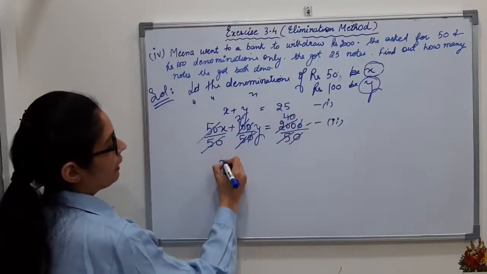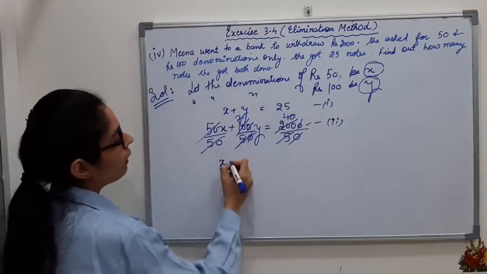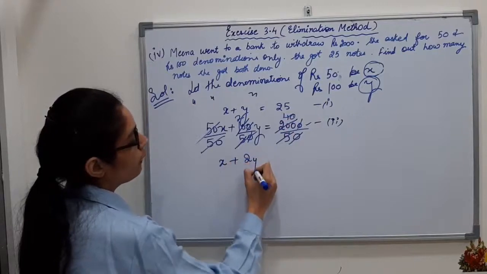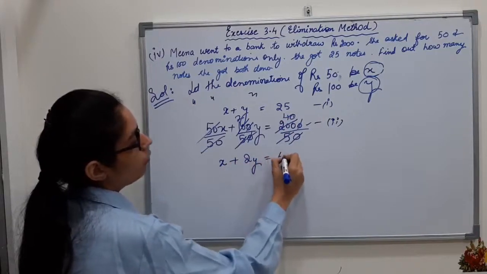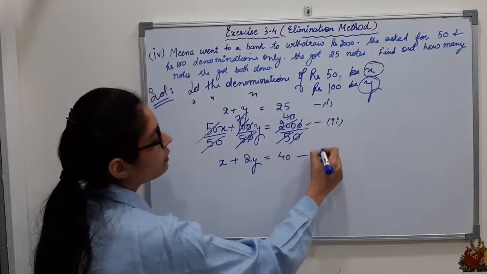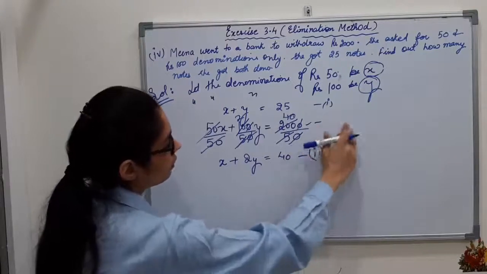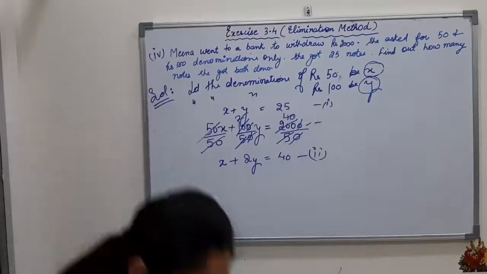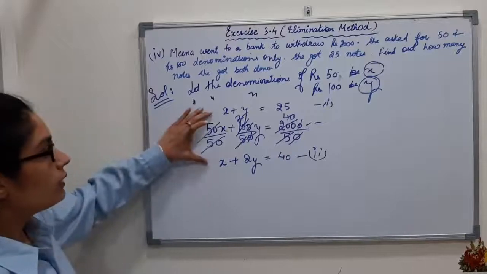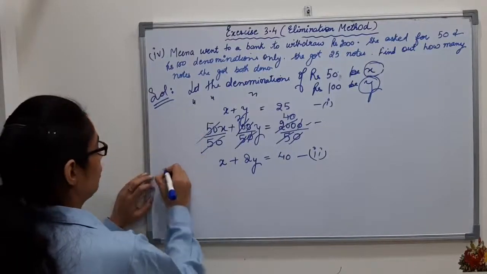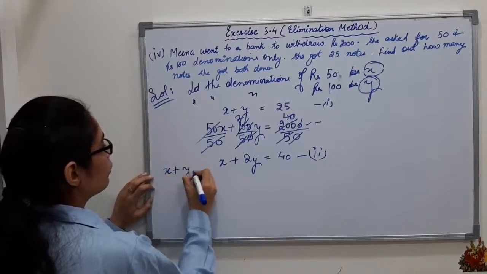So my equation will be reduced into x plus 2y is equal to 40. So consider this as your second equation, not this. So you have got two equations. So let's find the values of x and y.